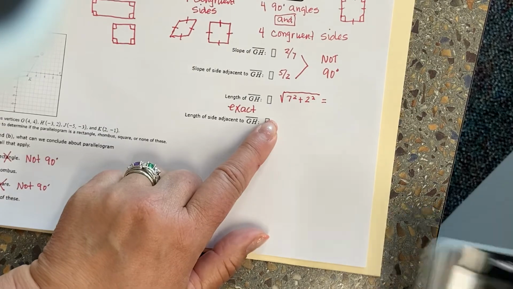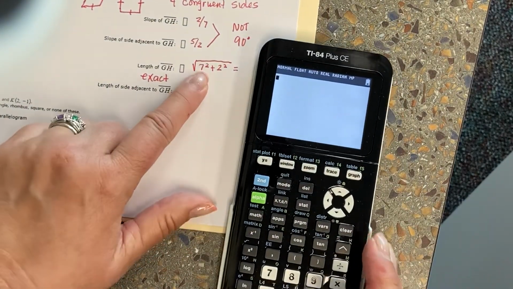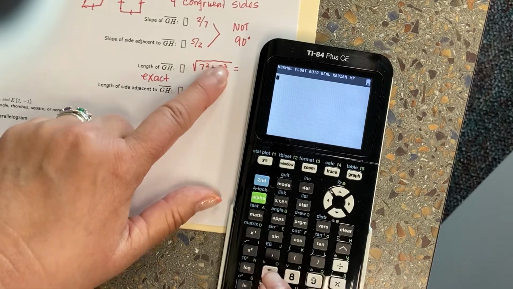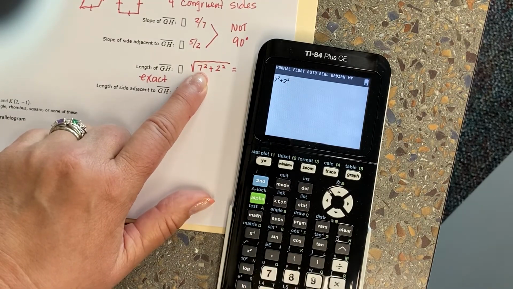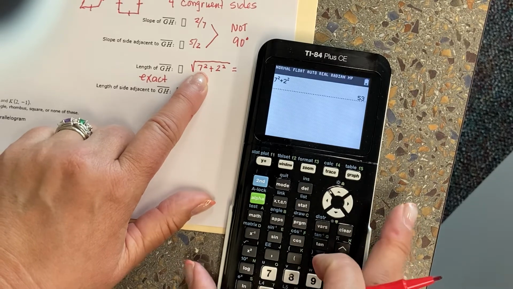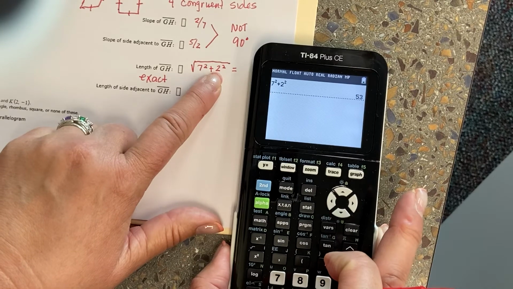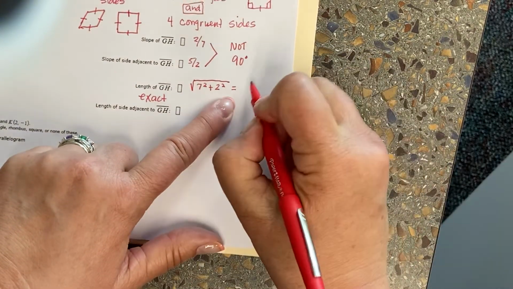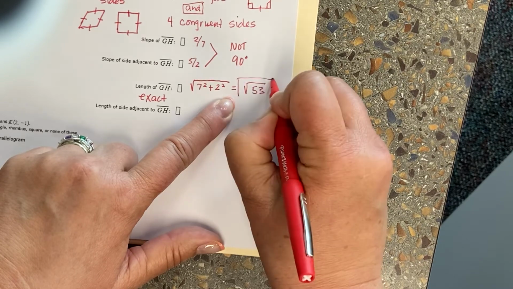Alex is only going to let you put an exact answer in there. So you're going to do just the inside part. 7 squared plus 2 squared equals 53. Because it's the radical that's making it be a decimal. So you're going to leave this as square root of 53. That's the exact answer.